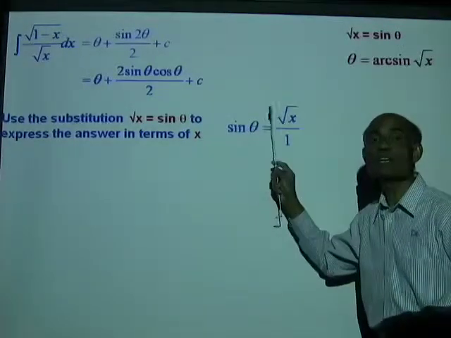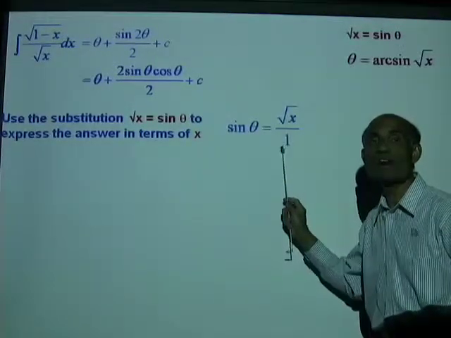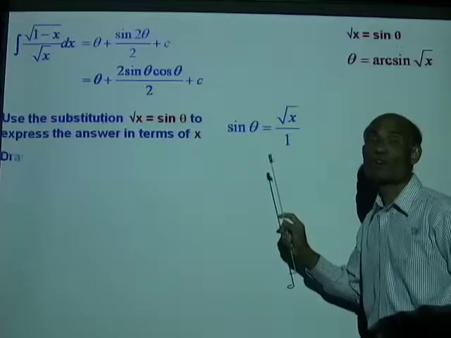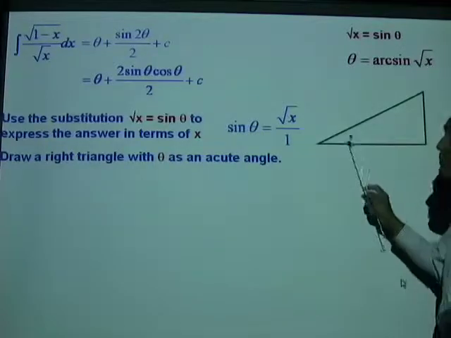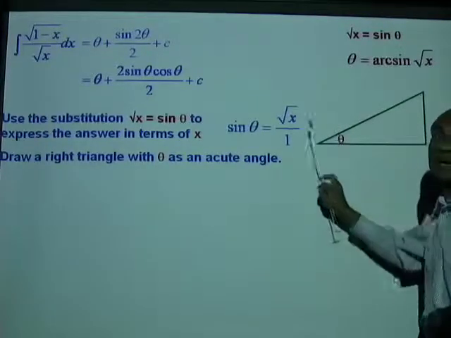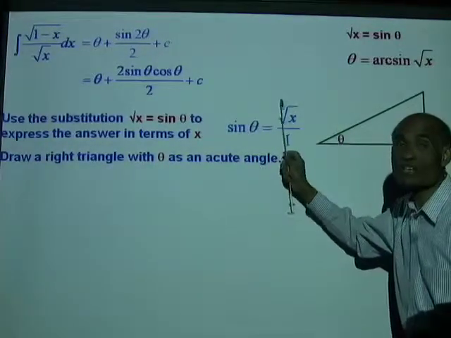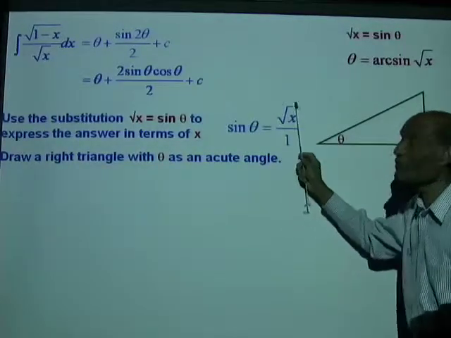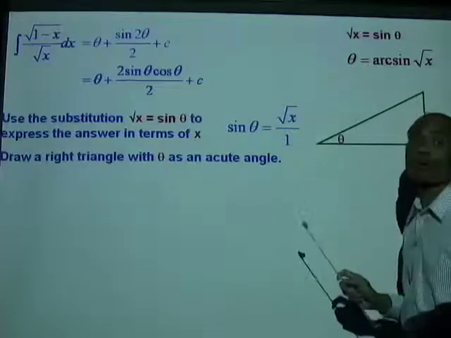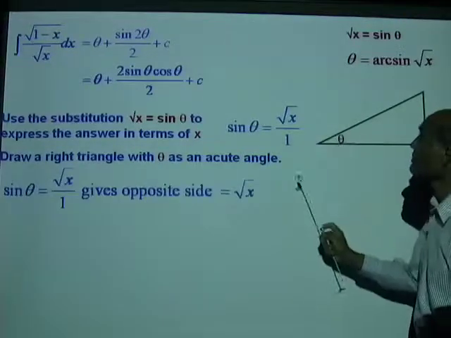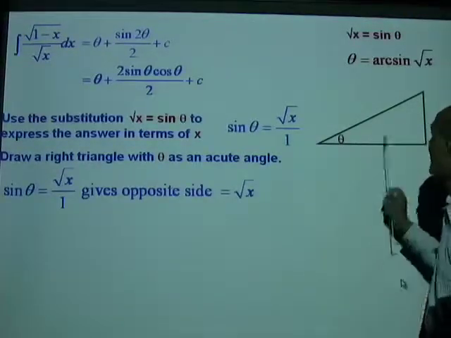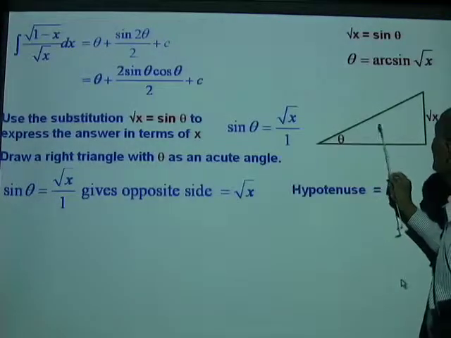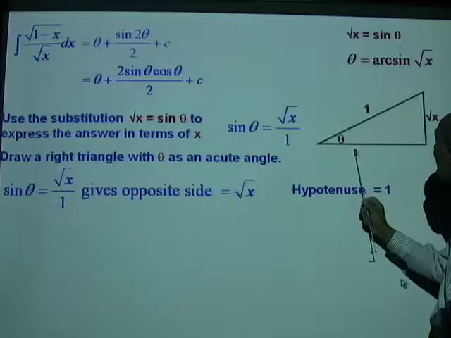Because sine theta is opposite side divided by the hypotenuse. So if you now draw a triangle with theta as the acute angle, we have sine theta is square root x over 1, which means the opposite side is square root of x and the hypotenuse is 1.